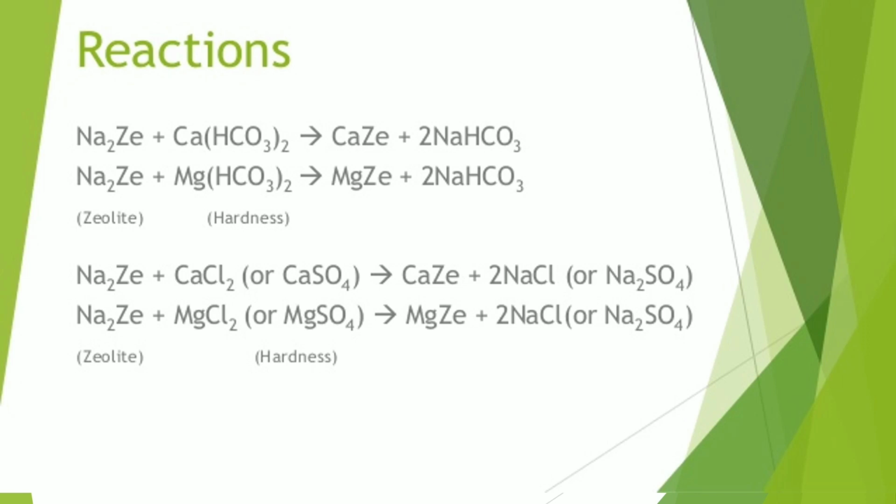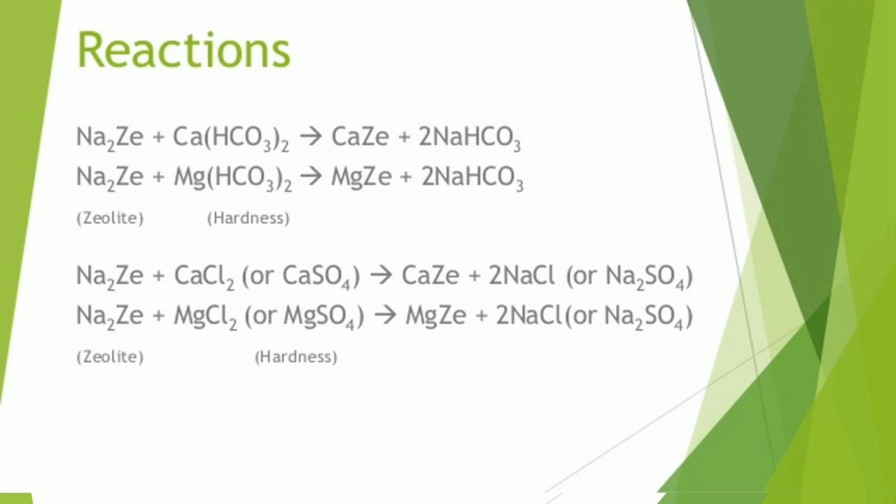Here are a few reactions showing how zeolite reacts with different types of hardness and is converted into calcium zeolite and magnesium zeolite. In the first reaction, zeolite reacts with calcium bicarbonate and is converted into CaZe. In the second reaction, zeolite reacts with magnesium bicarbonate and is converted into MgZe.